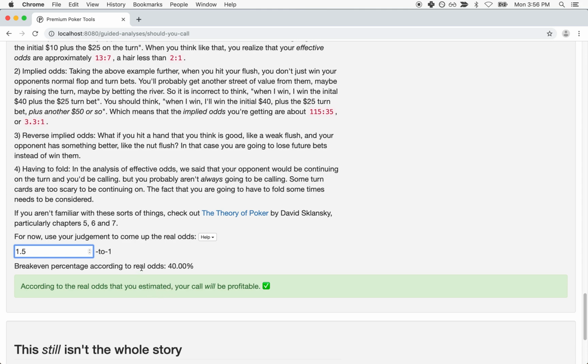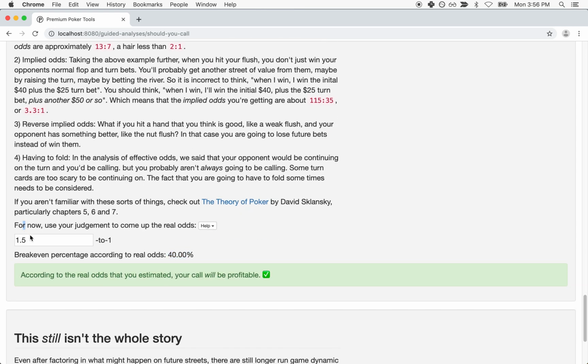With 1.5 to 1 real odds, we would need 40% equity to break even. We needed 33.3 before, now we need 40%, a little bit more. And this is telling us that even once we use the real odds, our call will still be profitable.